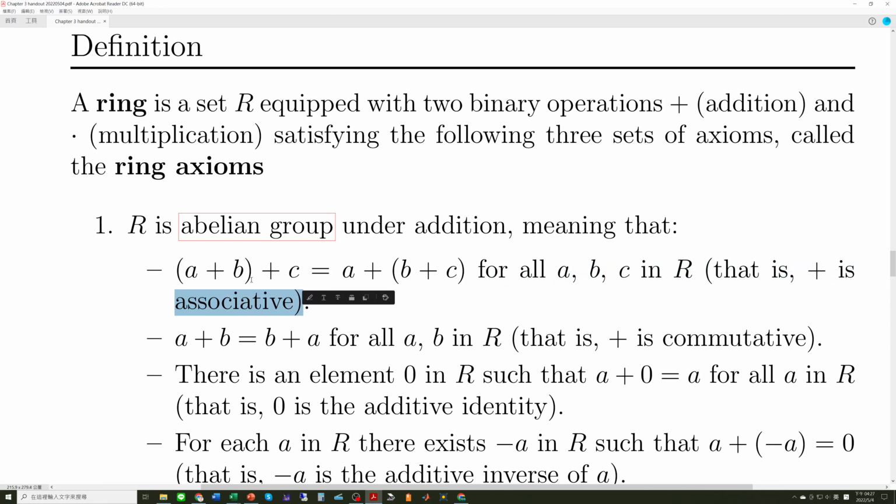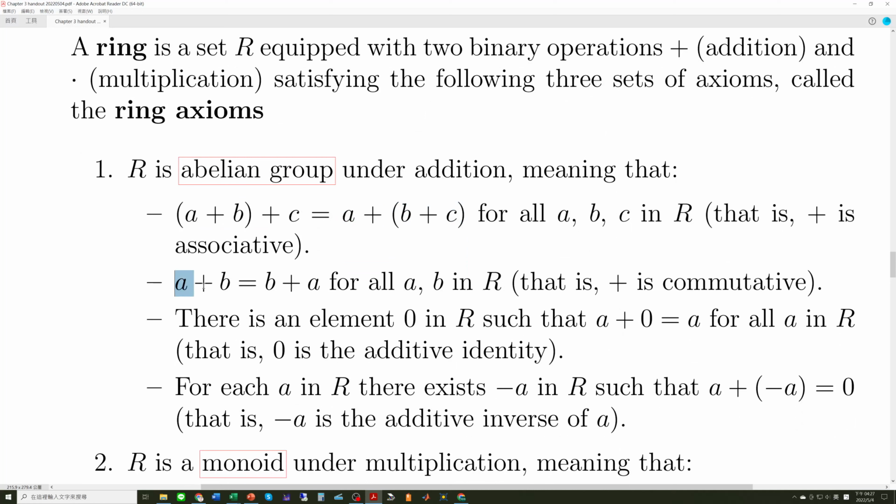So if you want to compute A plus B plus C, you can compute A plus B first, then compute (A plus B) plus C. Or you can also compute B plus C first, and then compute A plus (B plus C). The results of the left hand side and the right hand side of this equation are equal to each other.